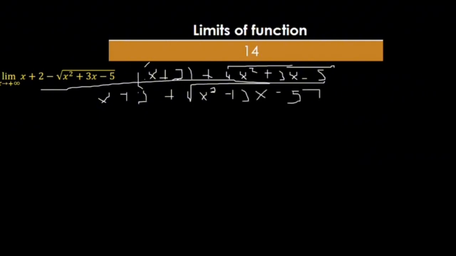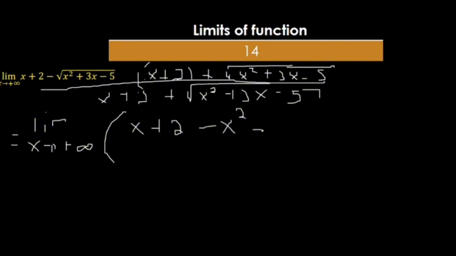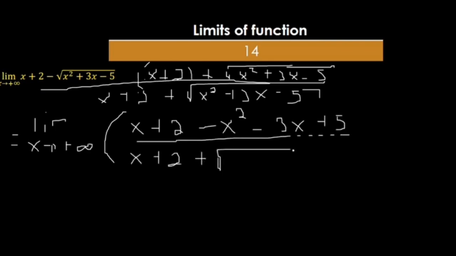Okay, same thing. That will be equals to limit x tends to plus infinity of x plus 2, sorry, minus x squared minus 3x plus 5 all over x plus 2 plus square root of x squared plus 3x minus 5.